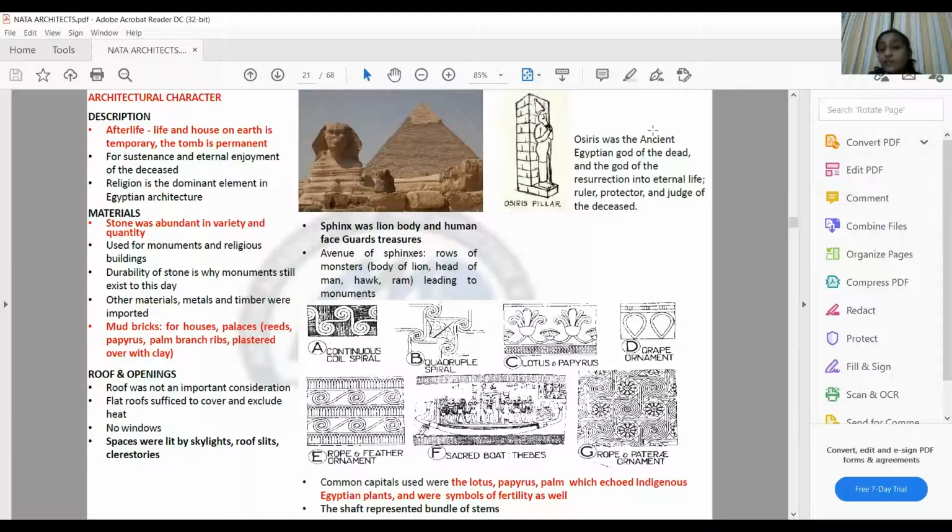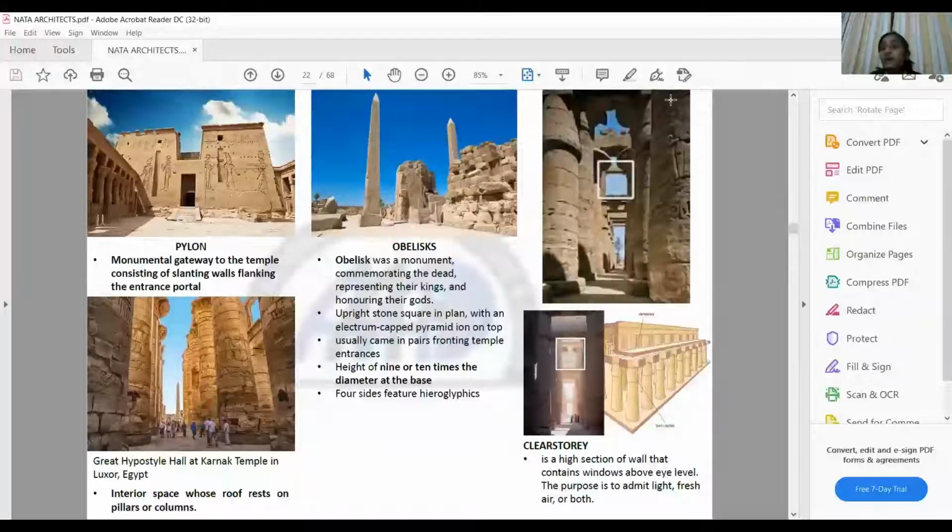Other important elements that you need to remember is how the entrance gateway was designed. So mainly it had this monumental entry. They had these commemorative structures. So that was referred to as the obelisk, commemorating the dead, also representing their king and honoring their gods.